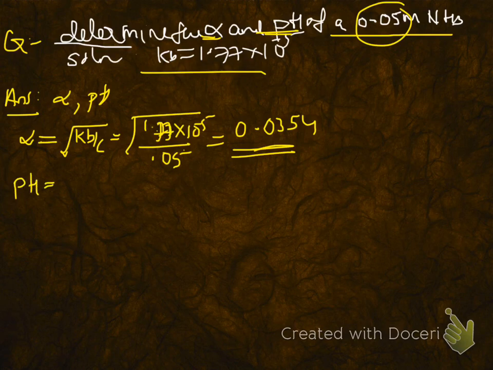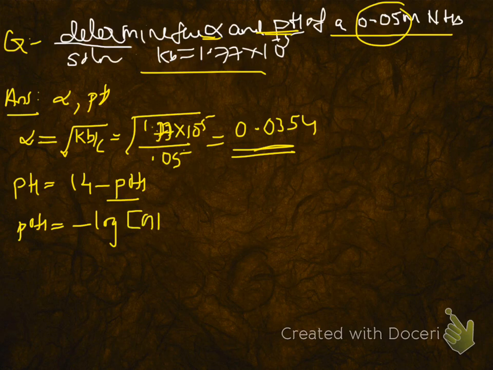Then pH. For a weak base, it is difficult to find pH directly, so we have the equation 14 minus pOH. So how do we calculate pOH? That is the negative logarithm of the concentration of OH minus. For that we had the equation C alpha.